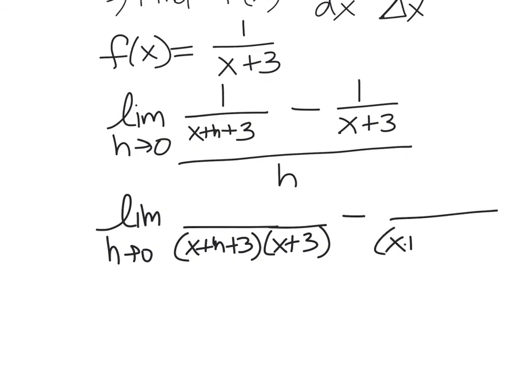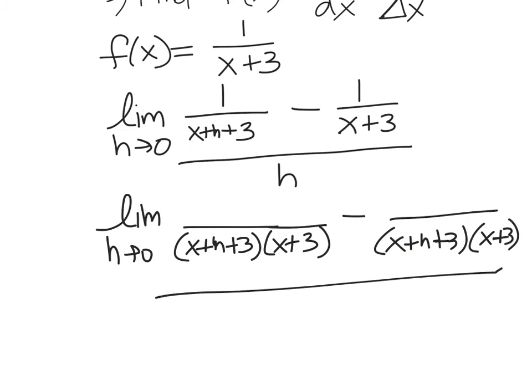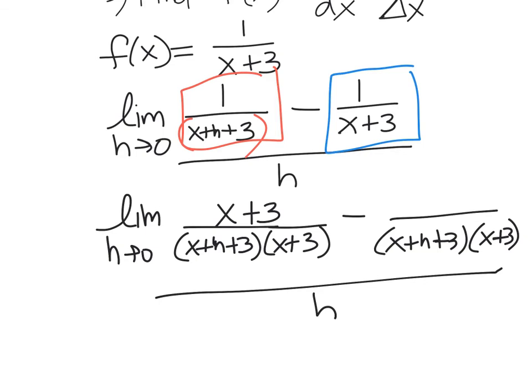This is all over h still. Now let's get our common denominator for this first one. This already has the x plus h plus 3, but what's it missing? The x plus 3. Over here, the one that's 1 over x plus 3 is missing the x plus h plus 3.